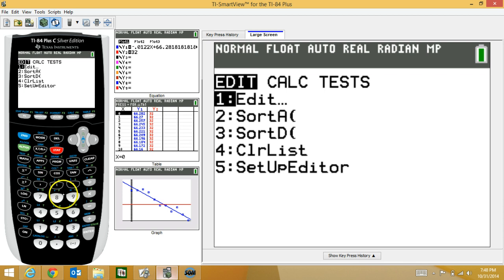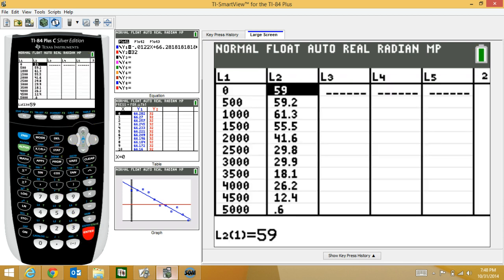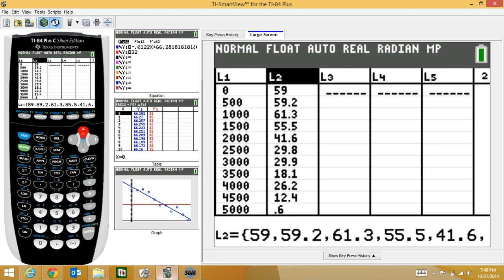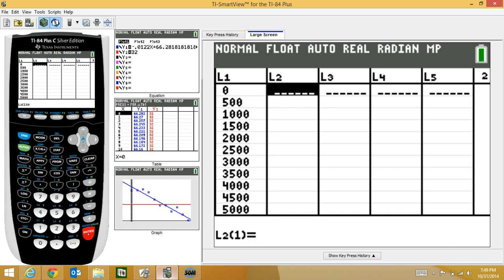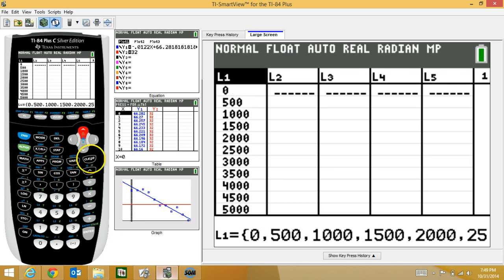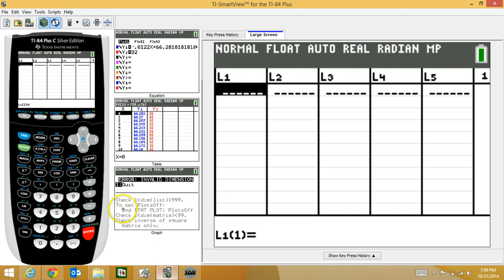We go to Stat, hit Enter on Edit, and when you clear out these lists, you scroll up so that list 2 is highlighted, and then hit Clear, Enter, and that's going to get rid of all the data in the list. Then we left arrow and do the same thing for list 1. Clear and Enter. So we're going to put the number of gallons bought into list 1.